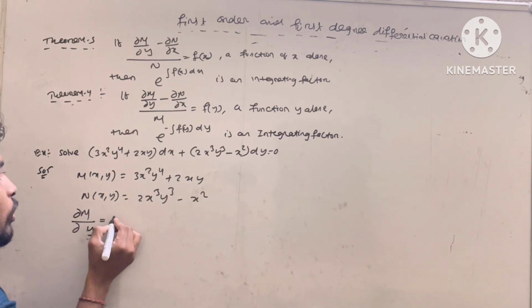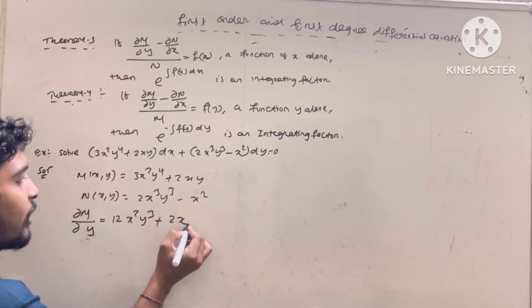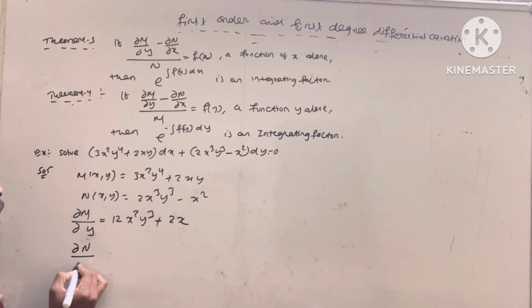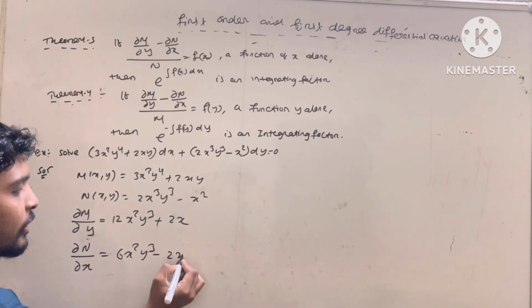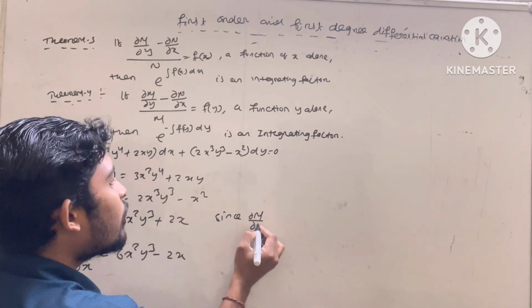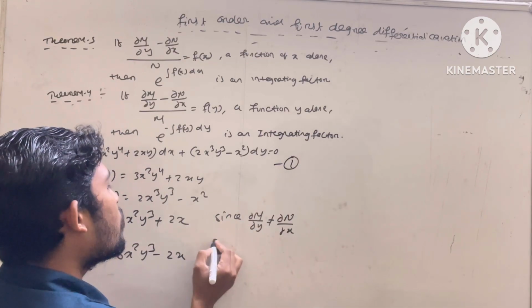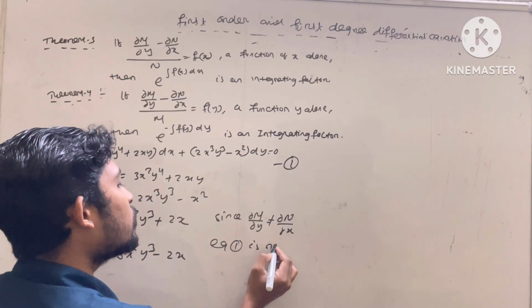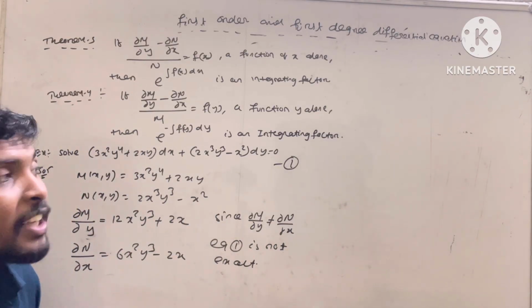This is 12 x square y cube plus 2x. Del N by del x is what? 6 x square y cube minus 2x. Since del M by del y is not equal to del N by del x, equation 1 is not exact.